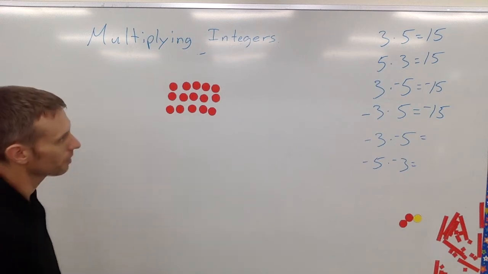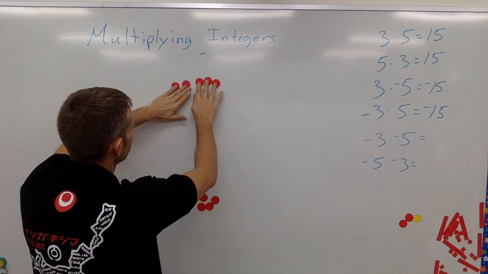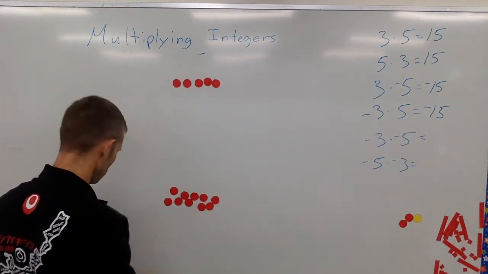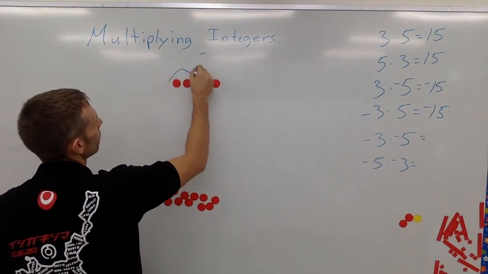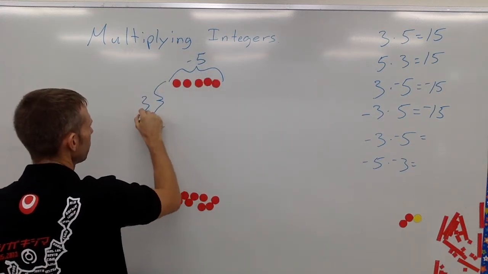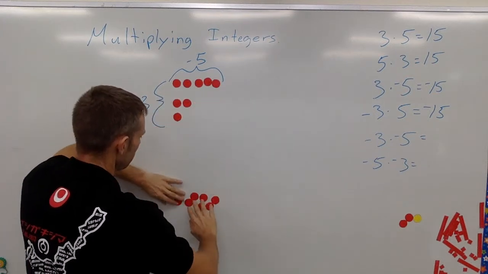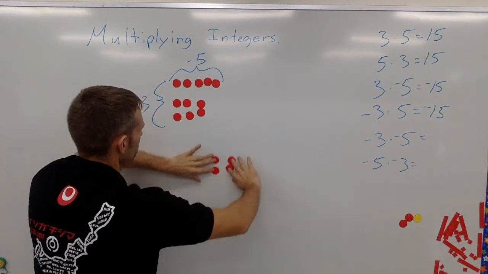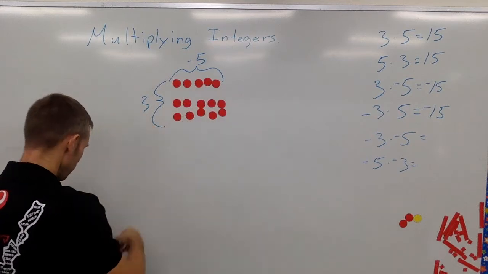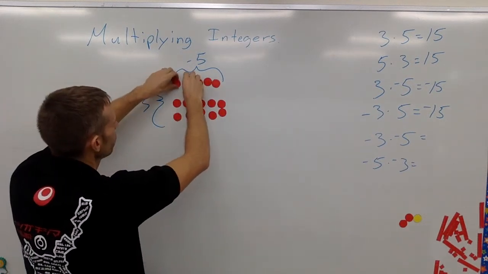Well, let's continue with the same principle. If I have a group of negative 5, here's my group of negative 5. And now, again, if I had 3 groups, then it would look just like this. Okay, but then if I have negative 3 groups, then all of this is going to be reversed again.